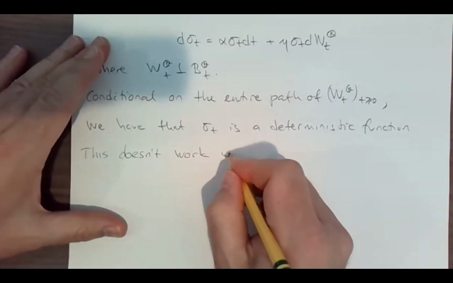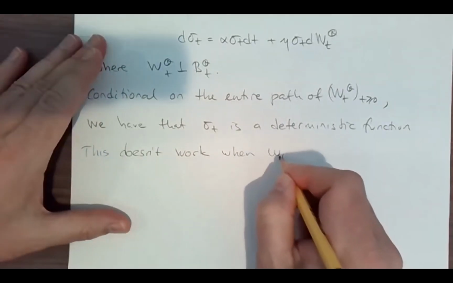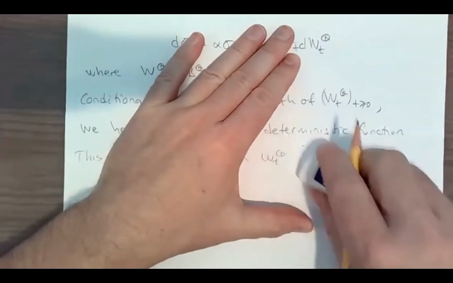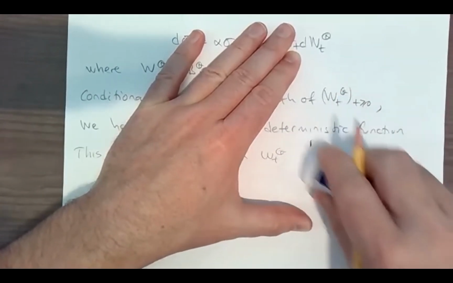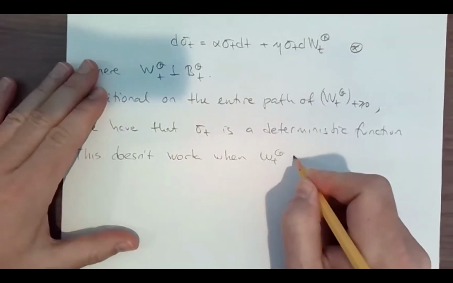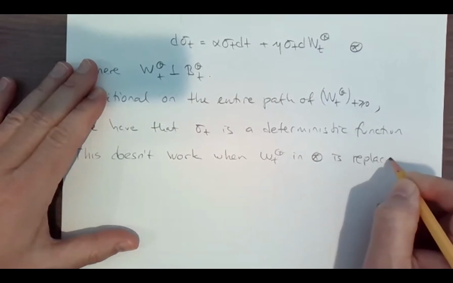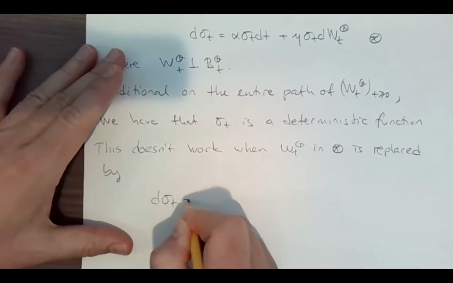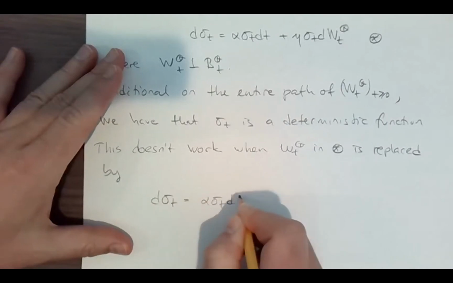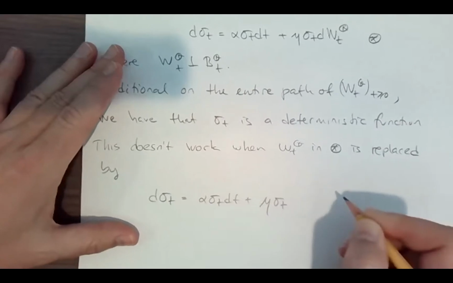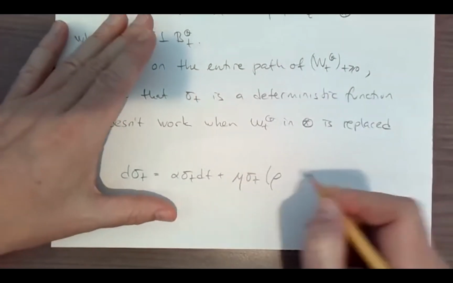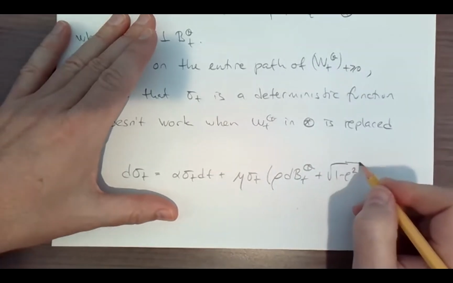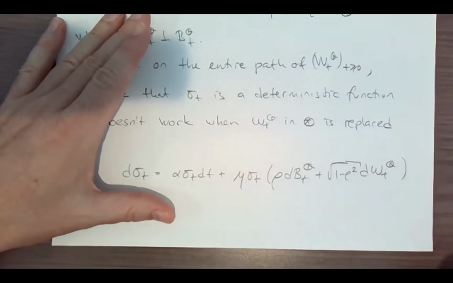It does not work when W in the star equation is replaced by, let's say, d sigma t equal to alpha sigma t dt plus eta sigma t times rho dB^Q_t plus square root of 1 minus rho squared dW^Q_t.